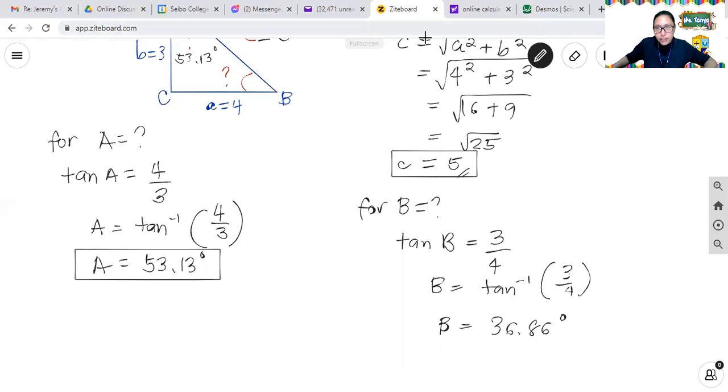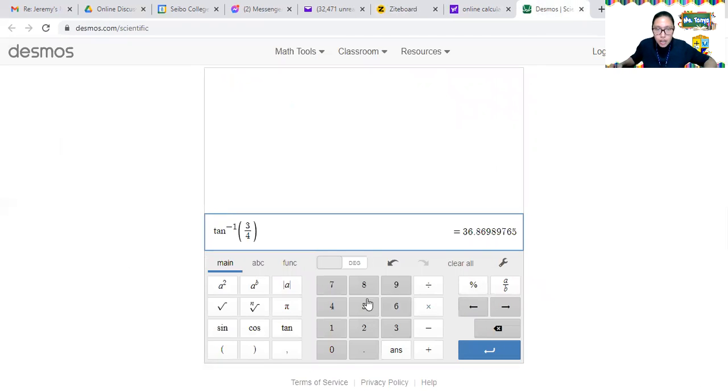Now, if you add 36.86 and 53.13, your answer must be close to 90 degrees. The answer here is actually 89.99, and that's very close already to 90.